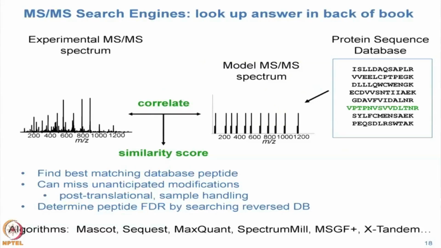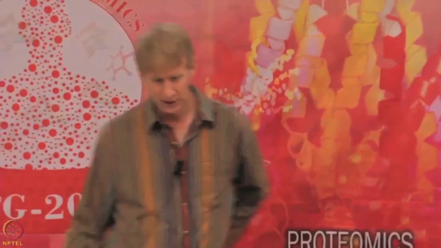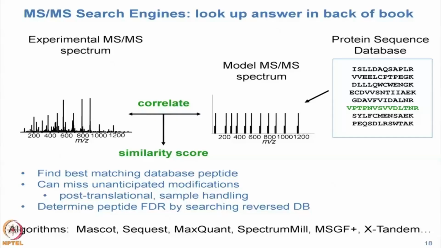Programs have been written to do this kind of thing, and I've written one of them. The software package that I'm responsible for developing is called SpectrumMill. Nonetheless, all of the software packages out there do this basic type of thing. You start with an experimental spectrum and a database of sequences.